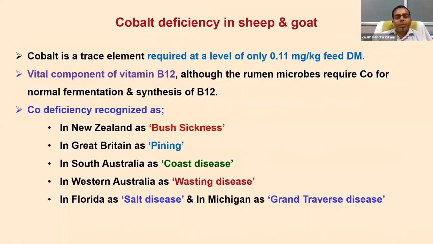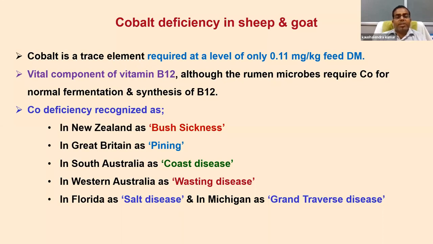Now coming to one major important trace mineral, cobalt deficiency in sheep and goat. Cobalt is a trace mineral and it is required in very small quantity, that is 0.11 milligram per kg feed on dry matter basis. The vital component of vitamin B12 is cobalt.